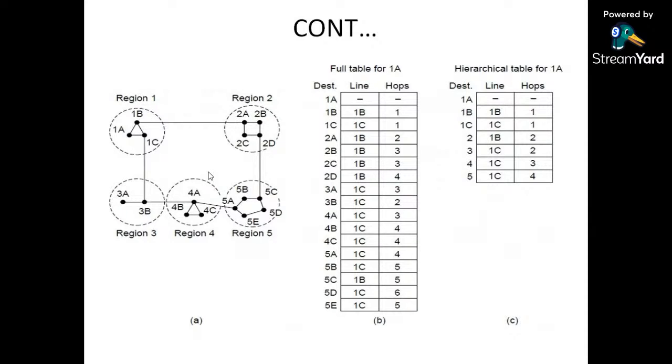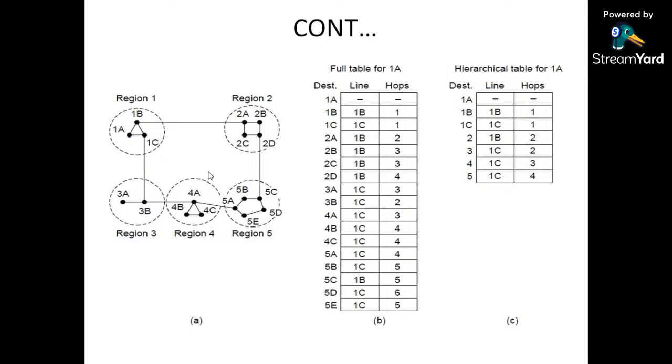So these are the regions and nodes: 1A, 1B, 1C, 2A, 2B, 2C, 2D, region 2, region 3, region 4, region 5. Here is the full table of 1A. To reach 1B from 1A we need 1 hop; 1A to 1C, again 1 hop; to 2A we go through 1C and 2B, so 2 hops.